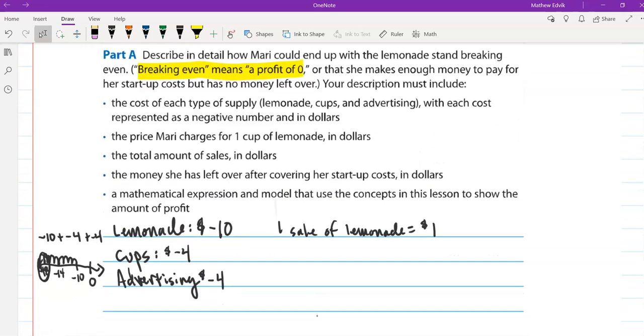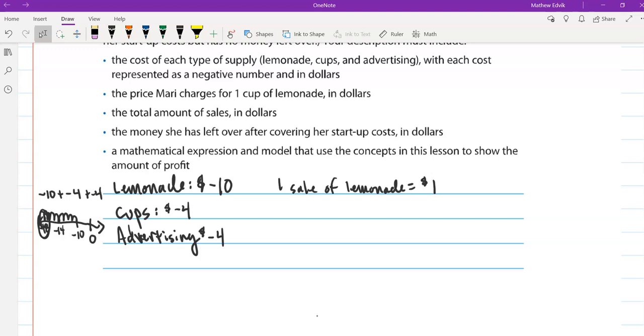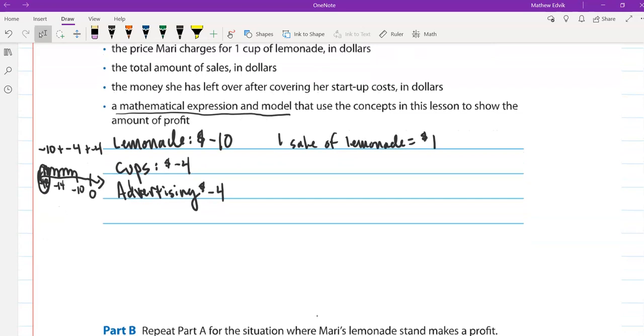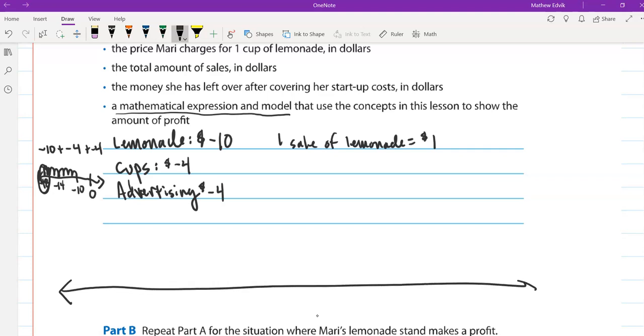And then write a mathematical expression and model that uses the concepts. Okay, so what we're looking at here then is I'm going to draw a number line, and here's 0. And I'm just going to start at negative 10, and it's going to look just like this number line here.